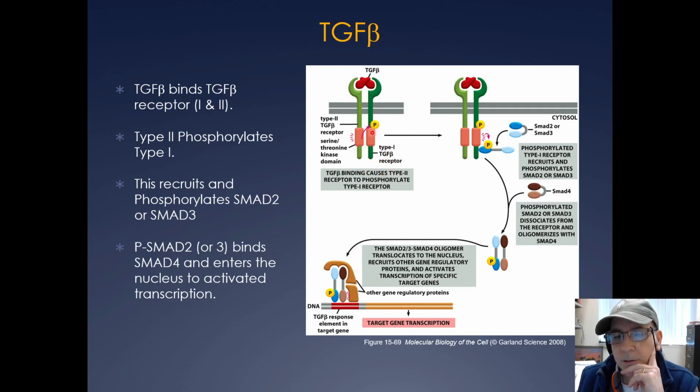They come together and you have cross-phosphorylation, which leads to phosphorylation of a protein called SMAD. Phosphorylated SMAD 1 or SMAD 2 or 3 associates with SMAD 4, and these can then enter the nucleus and bind to TGF-beta response elements in the genome and lead to target gene transcription.